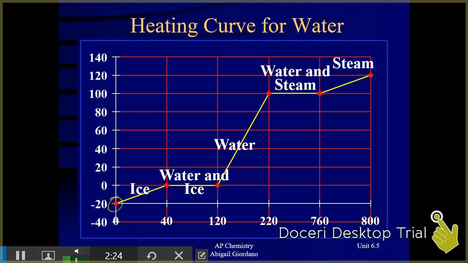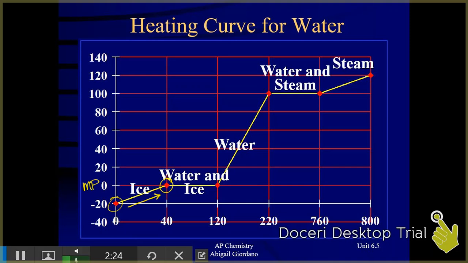Well, as soon as I take it out of the freezer, its temperature is going to increase. And throughout that entire period, it will remain in the solid phase. Once it hits 0, which for water is its melting point, it's going to start to melt.